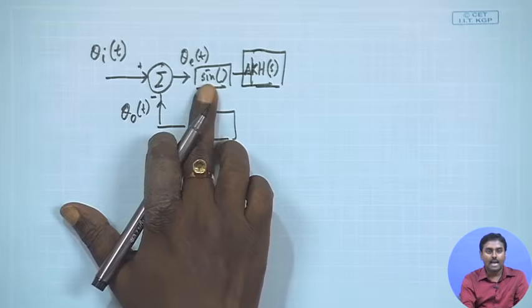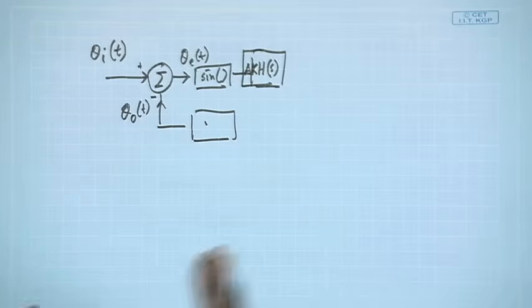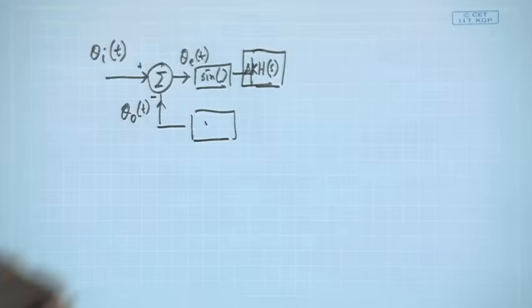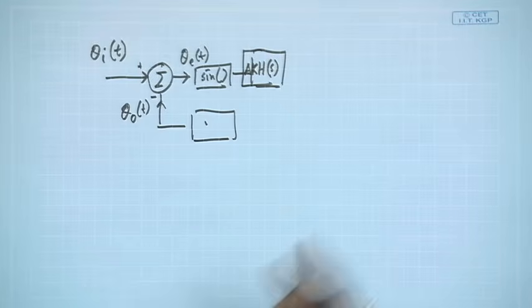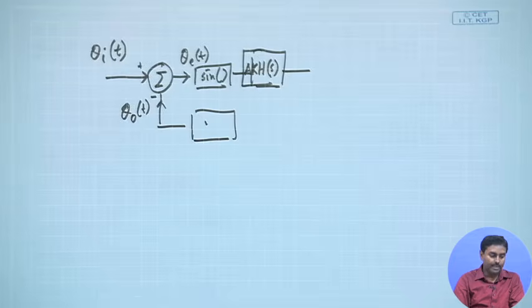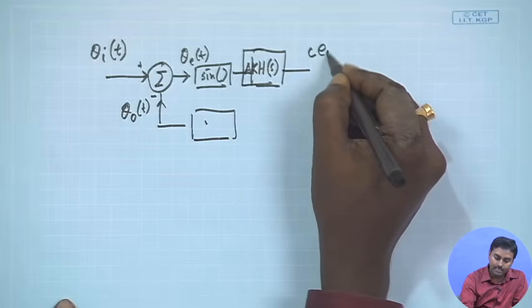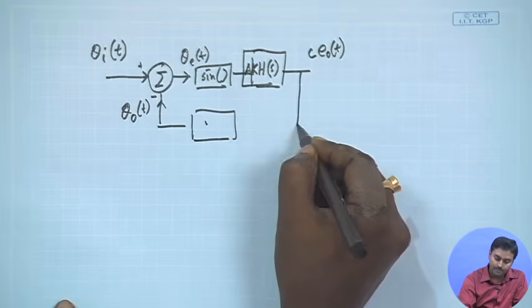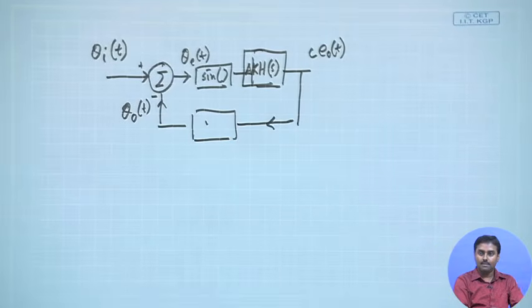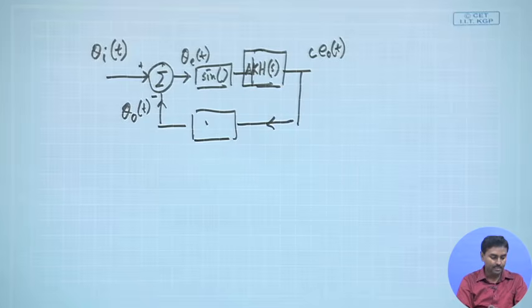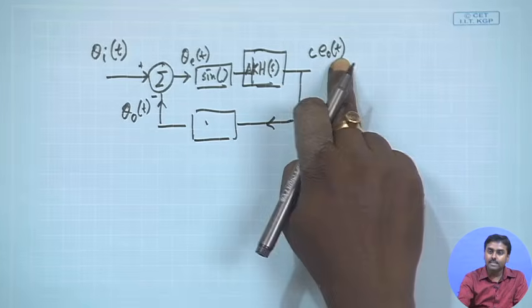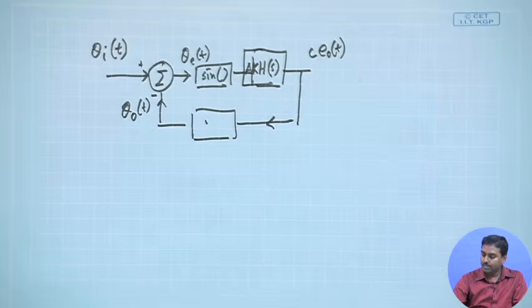Then this sine will convert it to sine of theta i minus theta o, then AK will be multiplied, because whether it is in the signal or the filter does not matter, as this is a constant term. H(s) is automatically there. Whatever I get over here, I can term as my c e0(t).